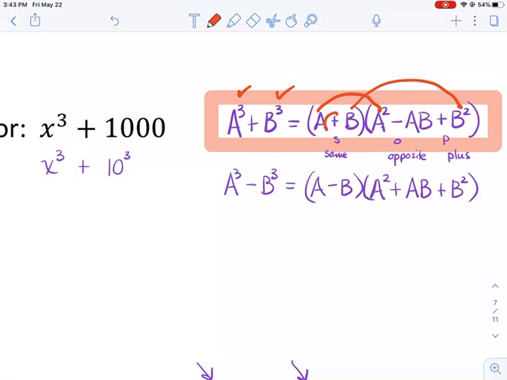So the same sign for the first binomial, the opposite sign between the a squared and the ab, and then the plus sign for the last term, plus b squared.